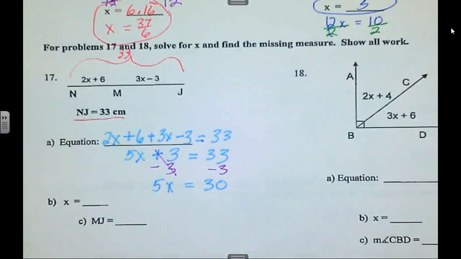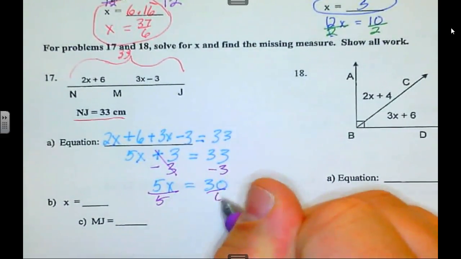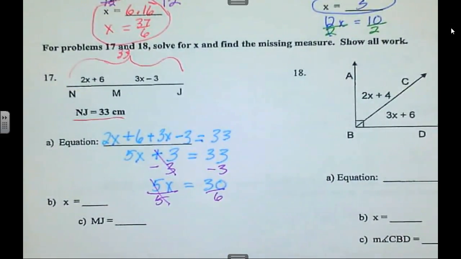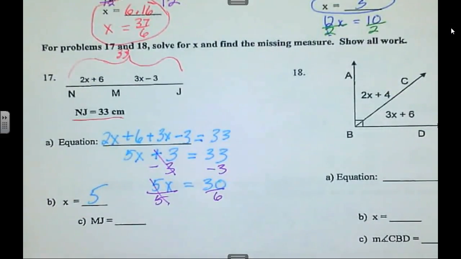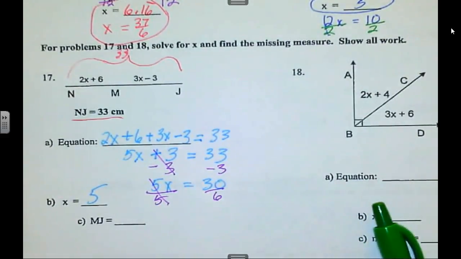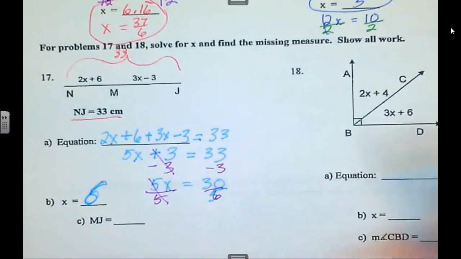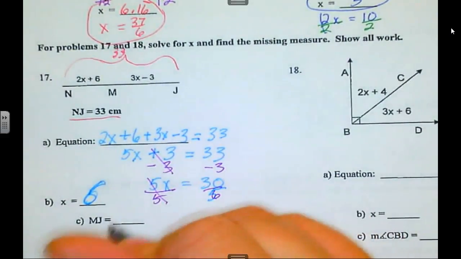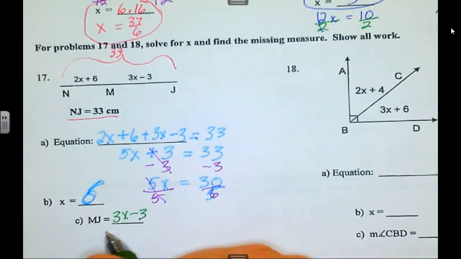So x equals 6. Now this one's asking for a measurement, right? I'm sorry, 5. MJ is 15. So MJ is 3x minus 3, and x is 6.